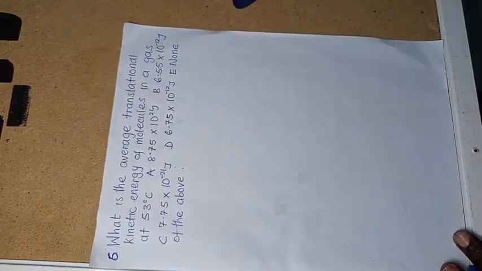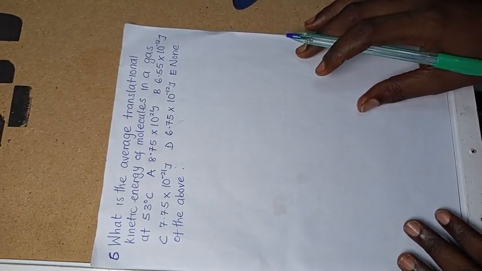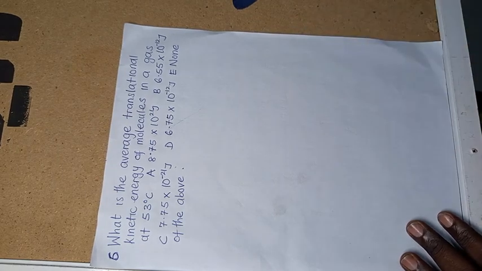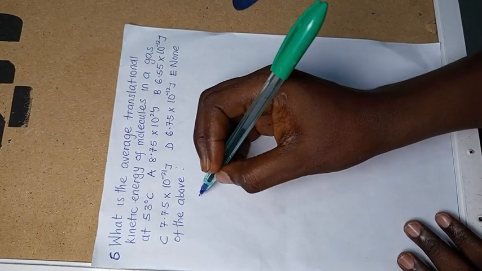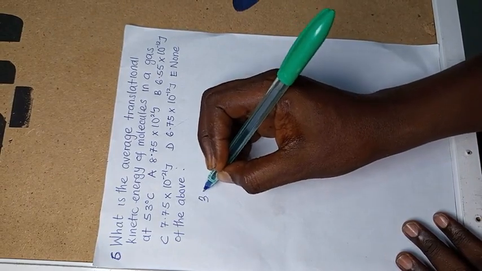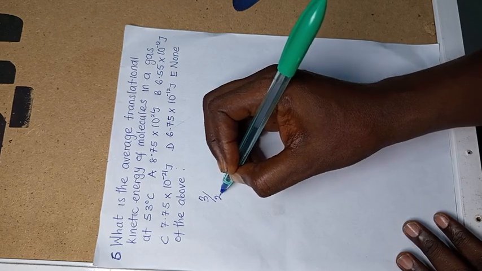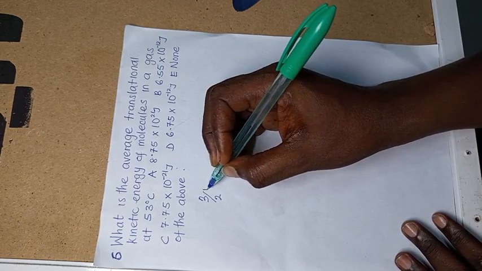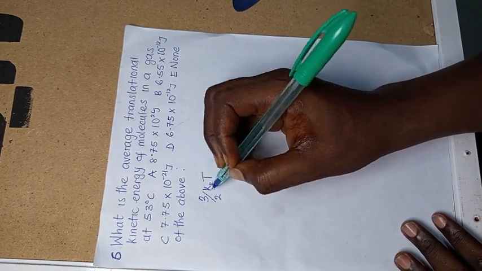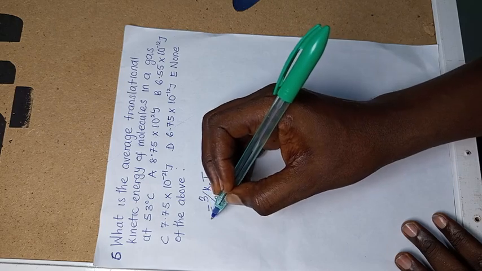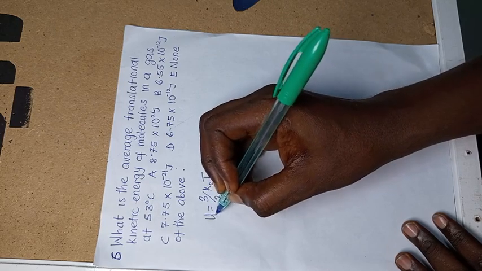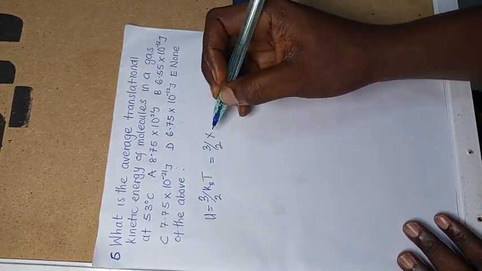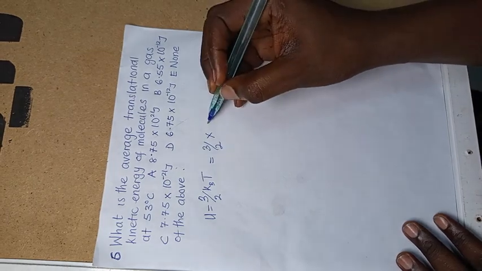Now this one says, what is the average translational kinetic energy of molecules in a gas at 53? Average translational kinetic energy of molecules of gas is 3/2 kBT. So what I want to do is 3/2 times kB.